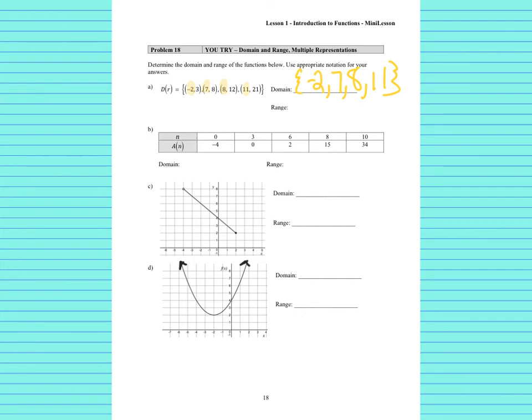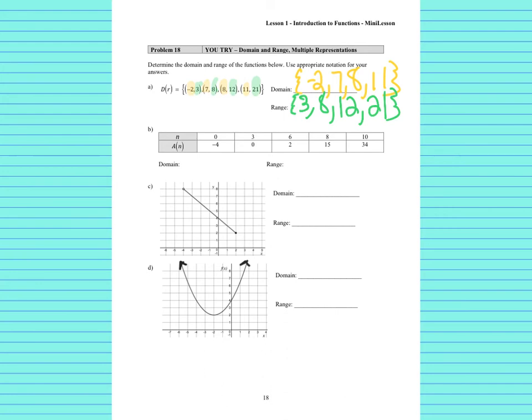Our range goes from 3, 8, 12, 21. Again, they're already in order for me. Close it with a bracket.